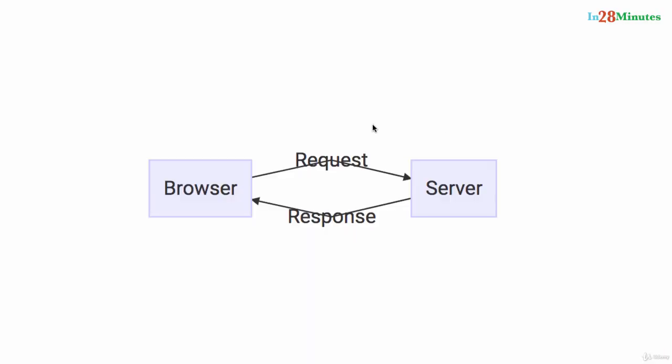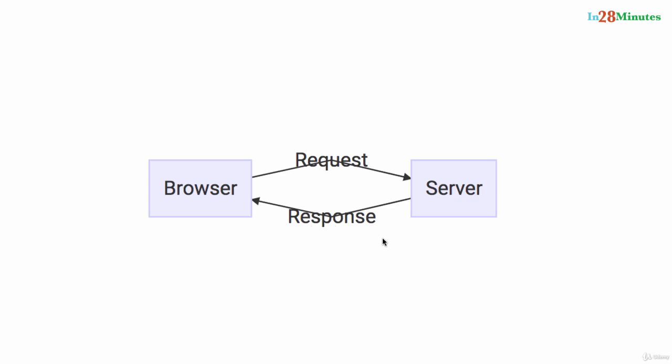While we were browsing, there were a lot of things happening in the background. This is how a simple interaction happens between the browser and the servers of the websites you are visiting, for example, Google. When I enter a URL in the browser, a request is sent to the website server, and the website server responds back with a response. The important thing we need to talk about is the format of this request and response.